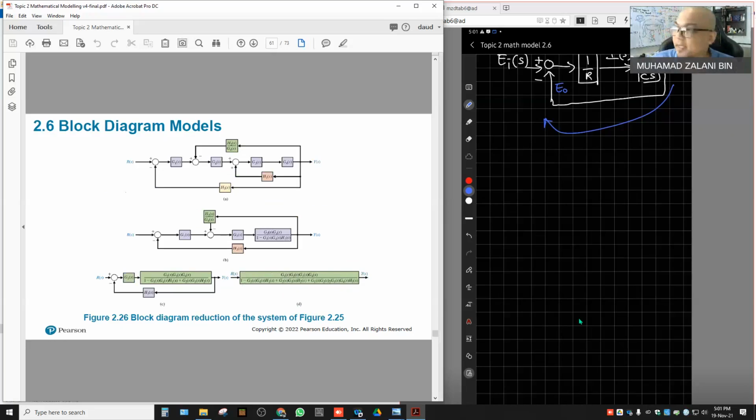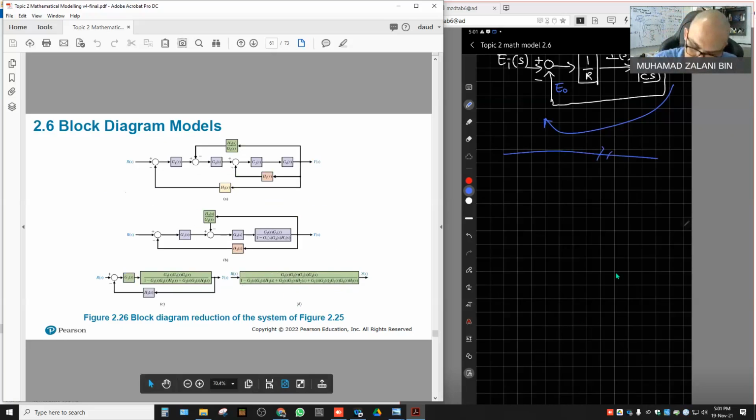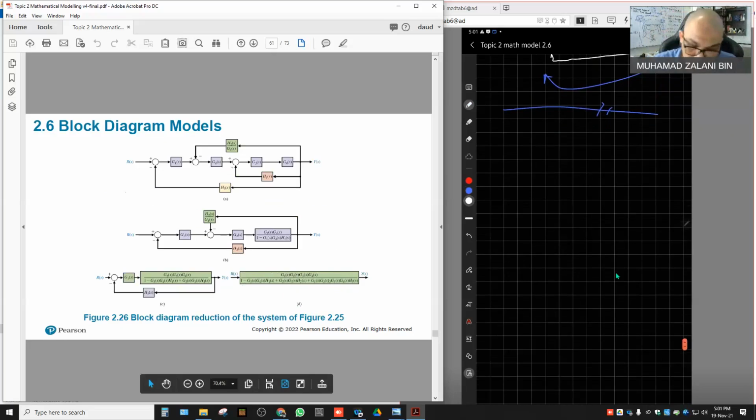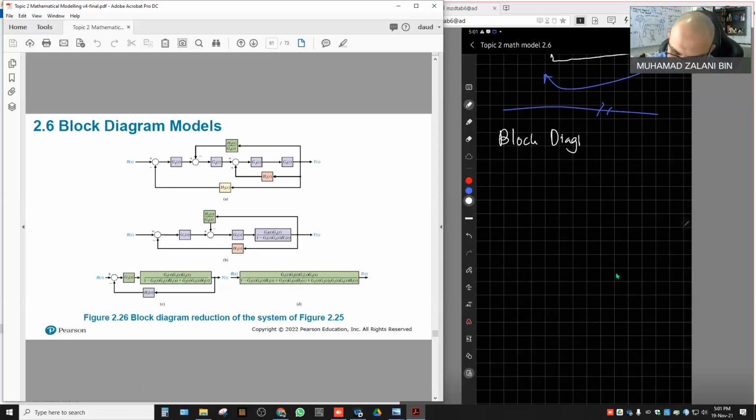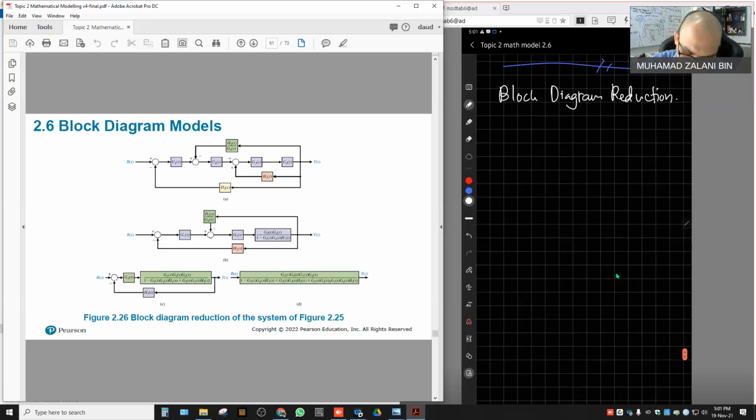So what is block diagram reduction here? I'm going to talk about what block diagram reduction is, with a bit of notes here. Block diagram reduction.